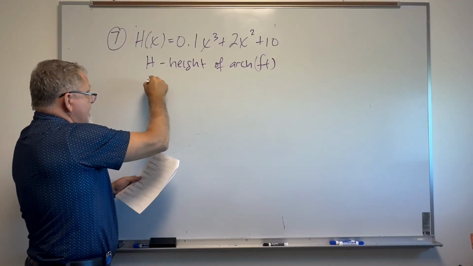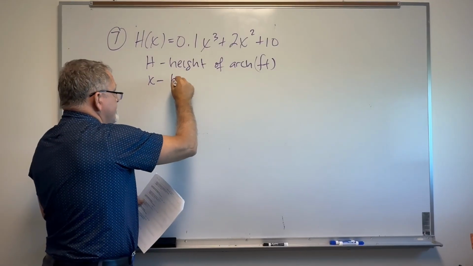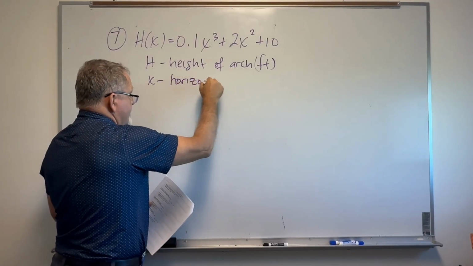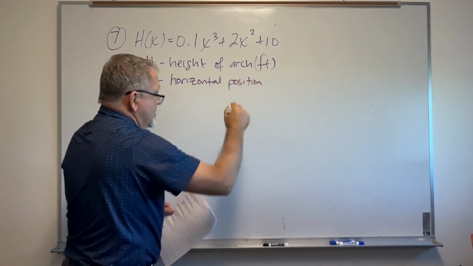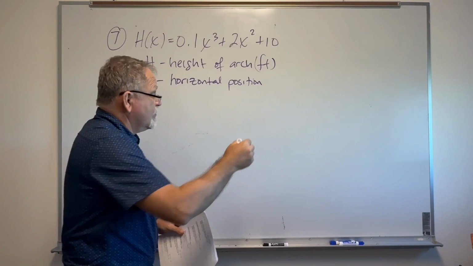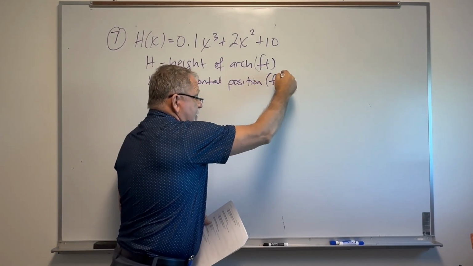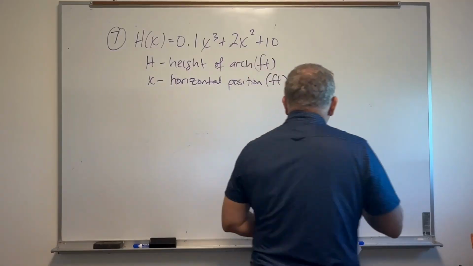And then we're told that x is the horizontal position. And ChatGPT did not identify any units for that. We're just going to assume those are also in feet. Again, these are supposedly real models, but we'll see if they actually look right.